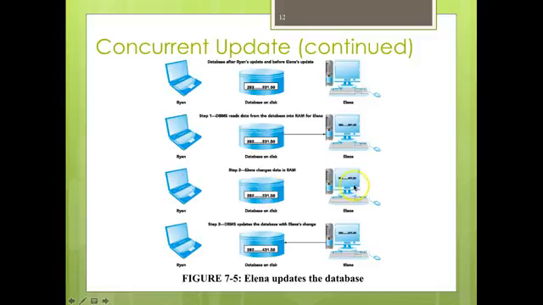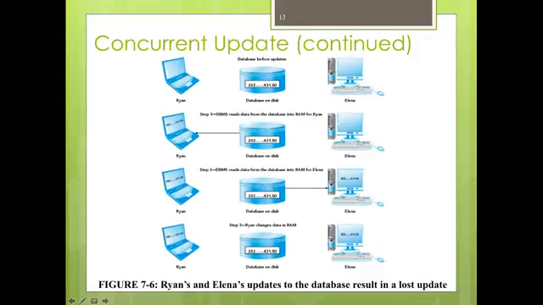So Elena loads that $531.50 into memory and performs some calculations on it. In this case, we're going to subtract $100. And so now Elena will turn around and tell the database, hey, the new balance is $431.50. The database doesn't know the calculation that was performed. The database just strictly knows what the resulting balance is at the end.